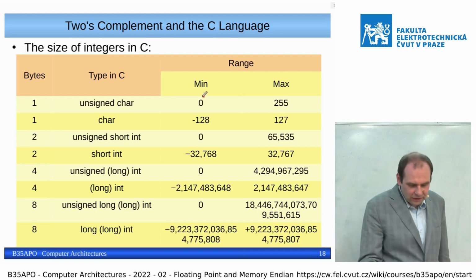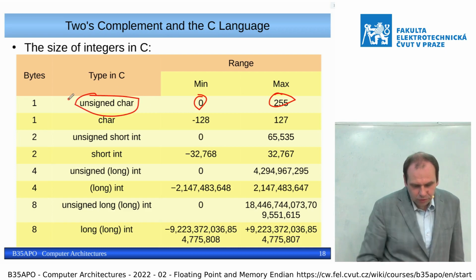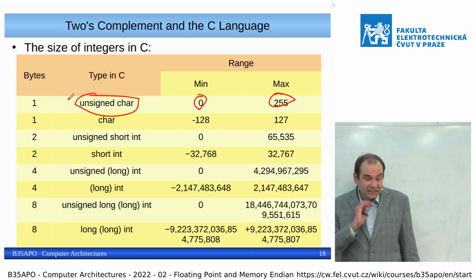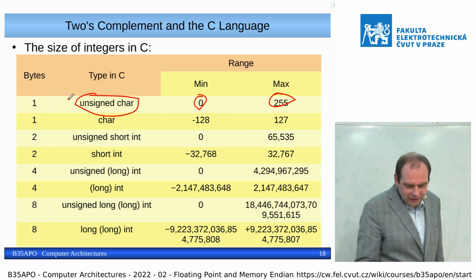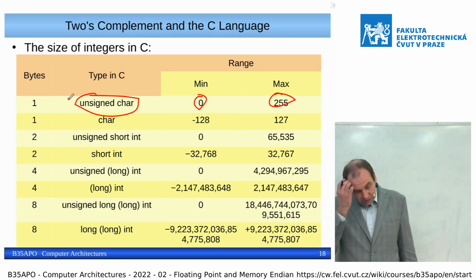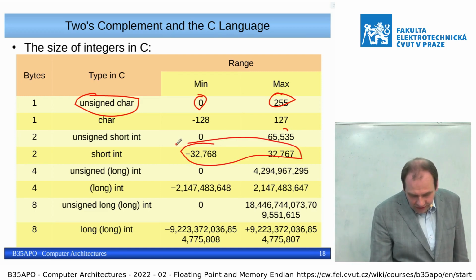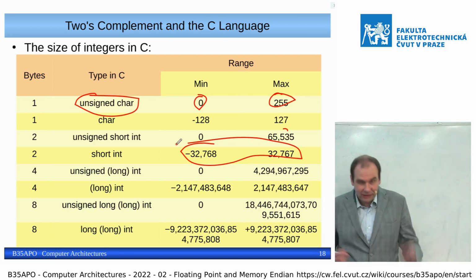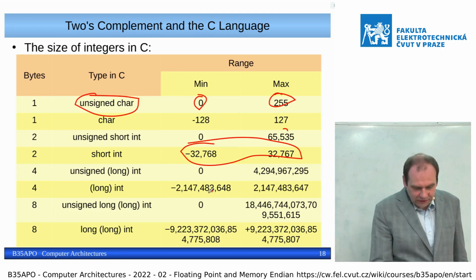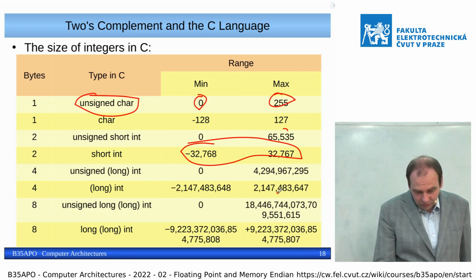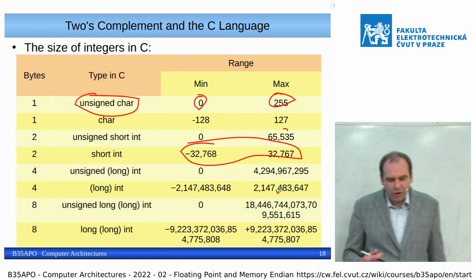Okay, there is a short overview of the ranges for the data types which you know from the C language. These are the typical sizes, because there is no guarantee for them in the standard. The standard only says that integer has to provide a bigger range than -32,000 to +32,000, but it does not say that short integer, long and integer should be of a given size. These sizes are specific for a given implementation.